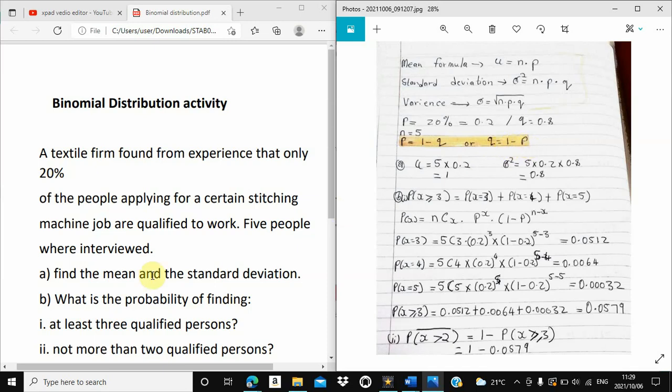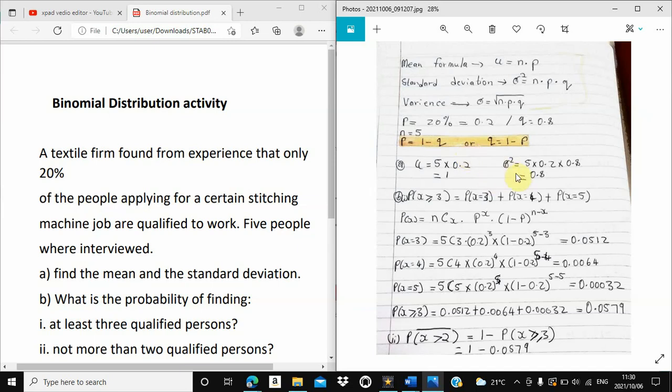Now here comes the first question. Find the mean and the standard deviation. Here is our mean. Don't forget that the formula of the mean is the sample space times the probability of success. That's why here we said 5 times 0.2, which is equal to 1. This is our mean. Then they said the standard deviation.